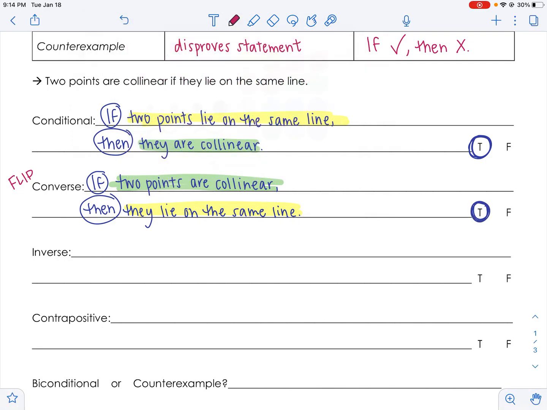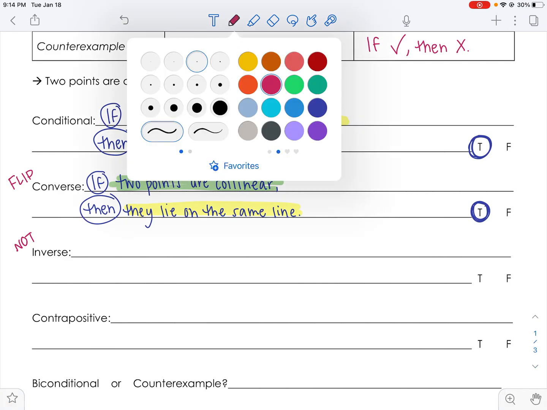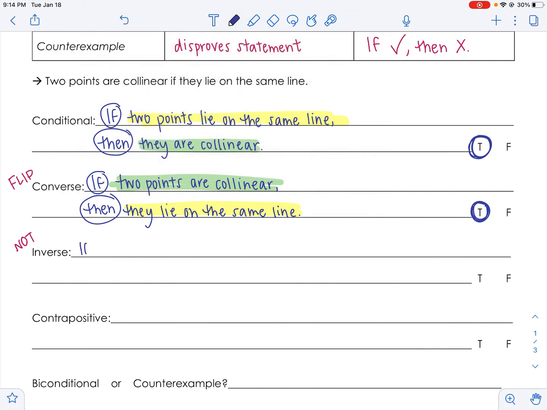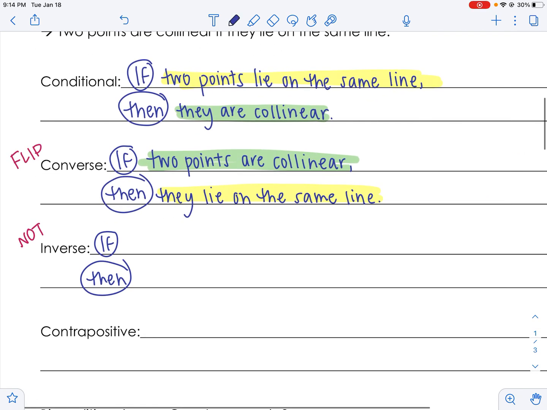Now, inverse, if you go back up, think, what does inverse mean? Not or opposite. So I'm not going to change the order of anything, and I'm still having that if and that then. All I'm going to do is negate or opposite. So that would be if 2 points do not lie on the same line. So I'm throwing the word not in there because I'm doing the opposite.